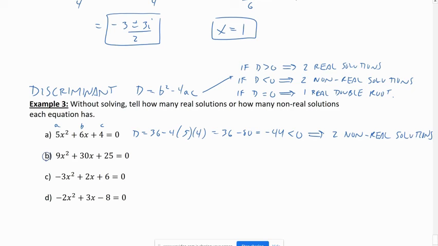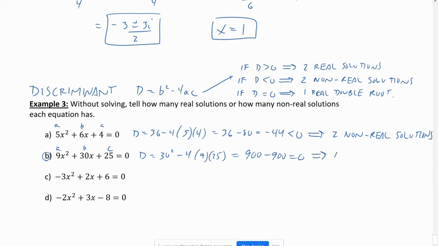For example B, A is 9, B is 30, C is 25, so our discriminant is b squared, which is 30 squared, which is 900, minus 4 times A times C. So that's 900 minus 900, which is 0.